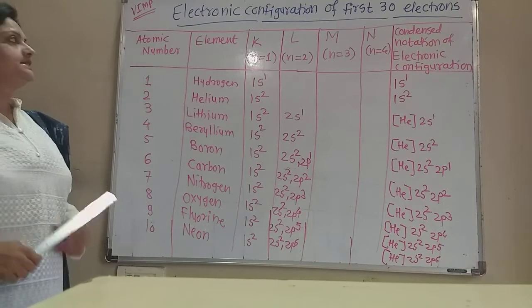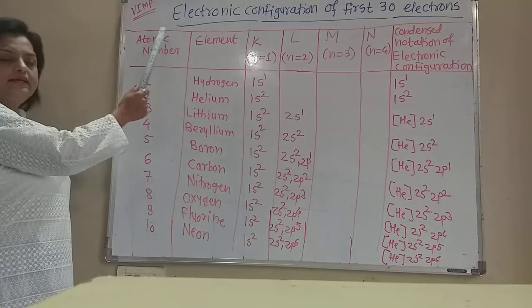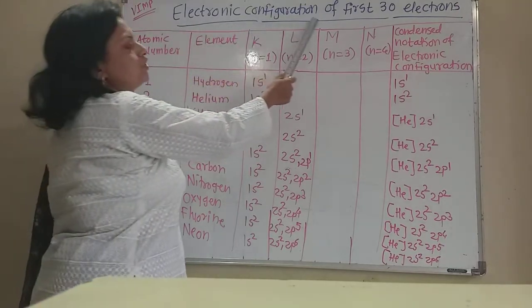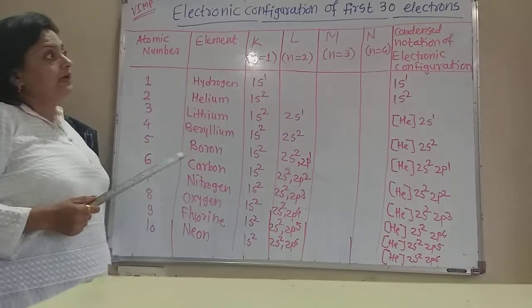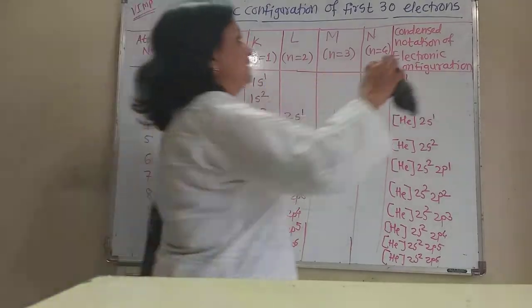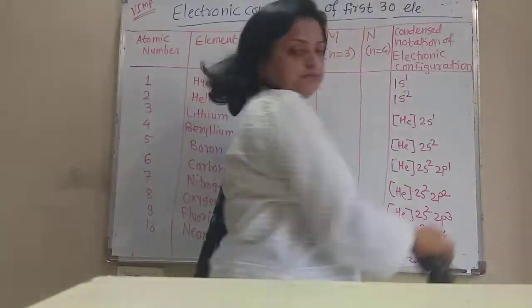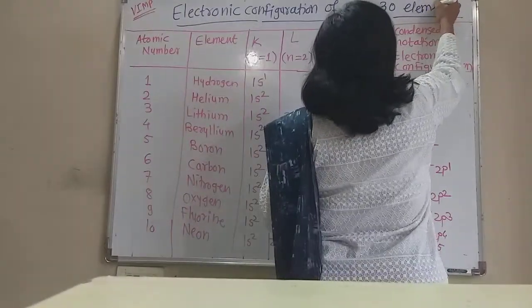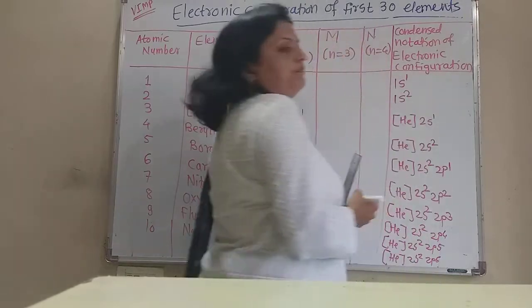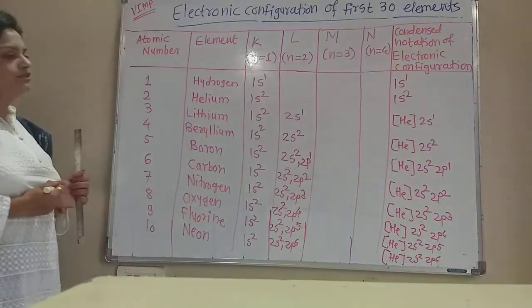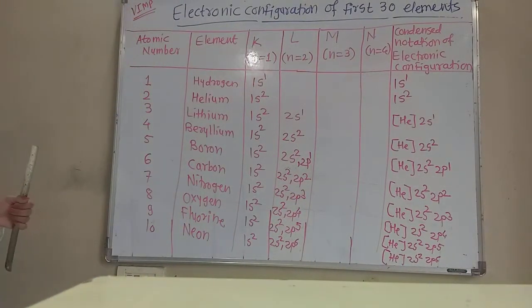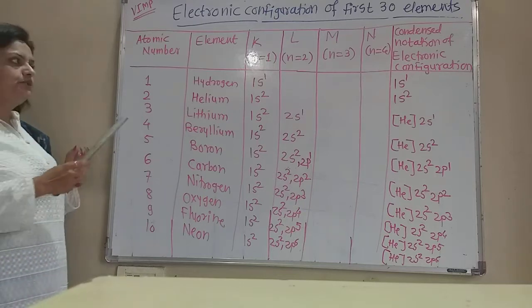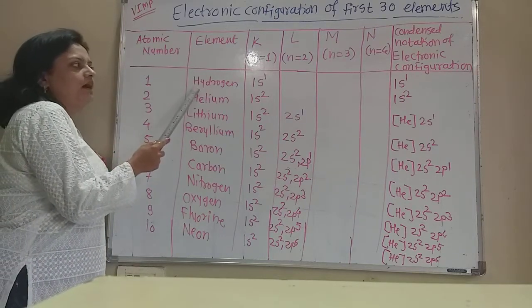Now see this. These are the electronic configurations of the first 30 elements. Now see which are these first 30 elements. We know that among the first 30 elements, the first one is hydrogen.